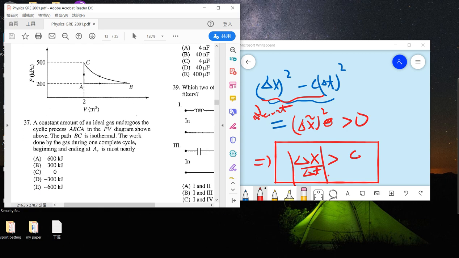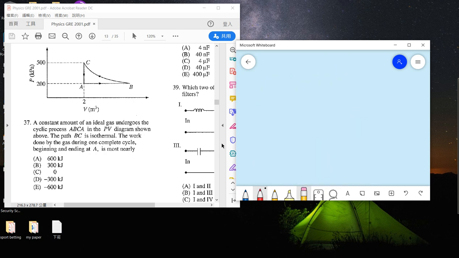Okay, 37. I ask you about the work. The work is just the area of this diagram, so what we need is to compute the work. The work is just this area. Actually, we don't know how to compute this area unless we first find this volume.